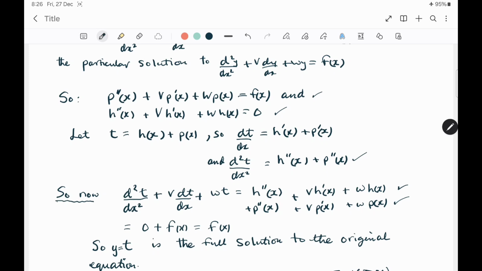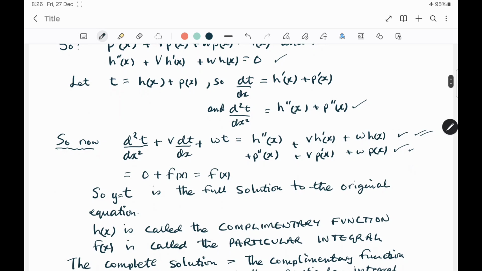Now, the first line there is equal to 0 by definition, and the second one was equal to f(x) by definition. And 0 plus f(x) is still just f(x). So, replacing y by t gives a full solution to the original equation. h(x) is called the complementary function, and p(x) is called the particular integral.